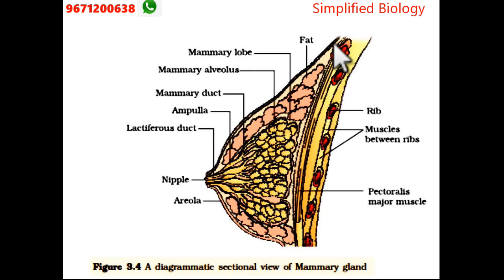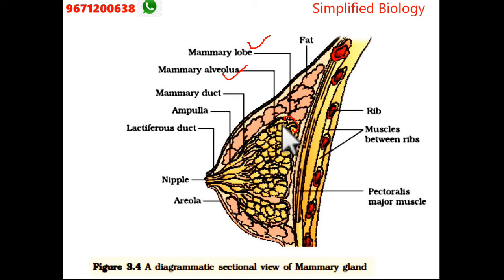First, it consists of two types of tissue, one named glandular, another named fats. It contains a number of mammary lobes. These are the lobe-like structures, and these lobes contain the alveoli; here is the alveolus.